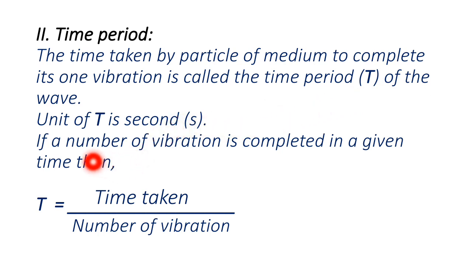And suppose you want to calculate the time period and we have the number of vibrations completed in a given time: whatever the time taken is divided by the total number of vibrations. Then we get the time taken for one vibration, which we can call time per vibration. This is called the time period.